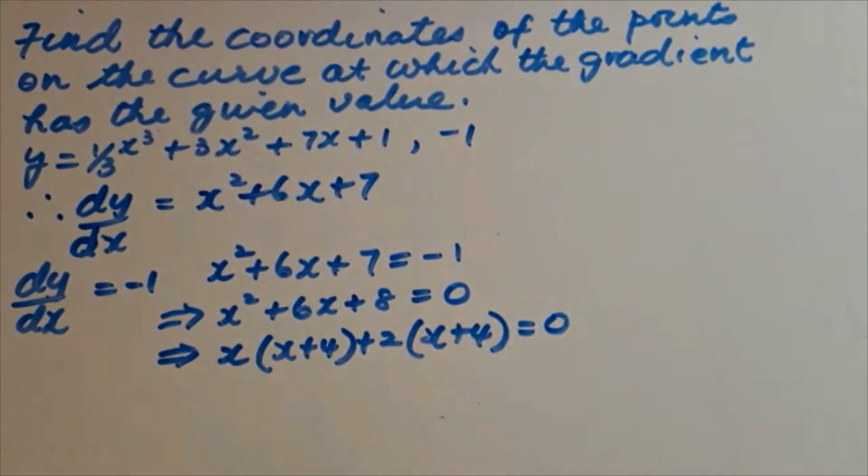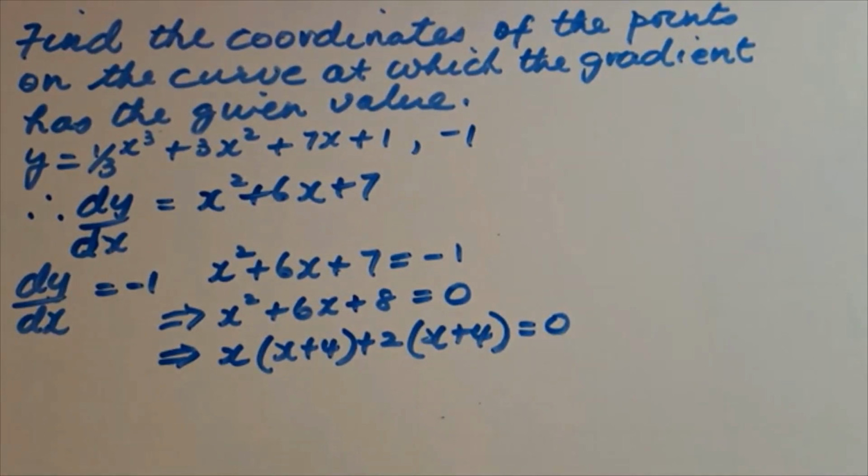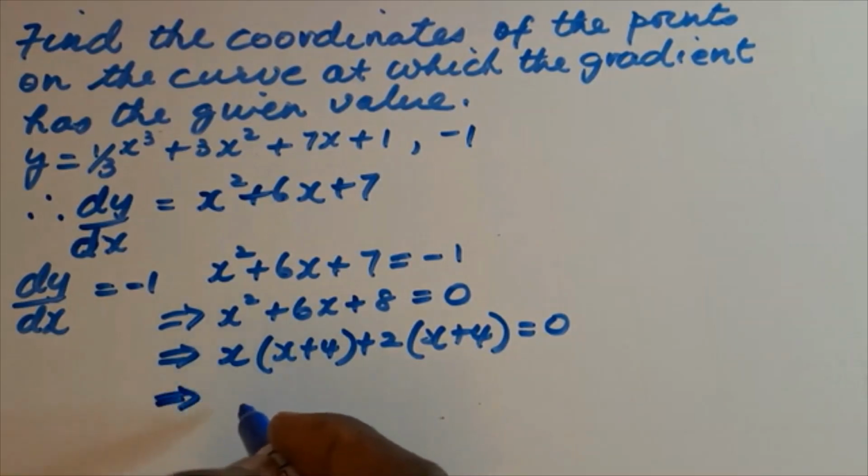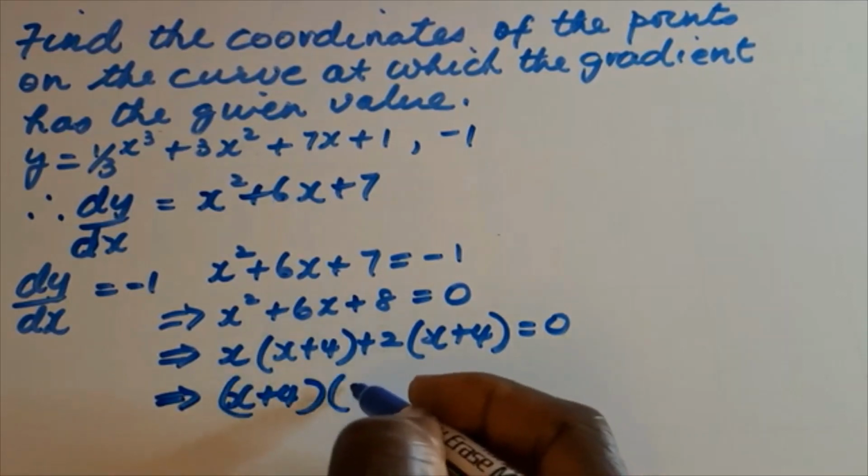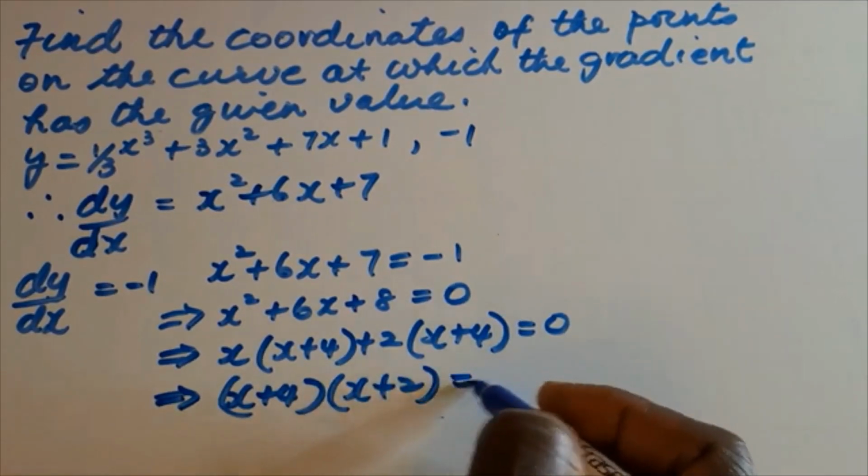I've skipped one step, but we should be able to factorize this. 6x splits into 4x and 2x, and then we factorize x squared, add 4x first, and we have this, and then we have 2x add 8, it's factorized to give this, and this implies that we have x add 4, which is common to x add 2, is equal to 0.